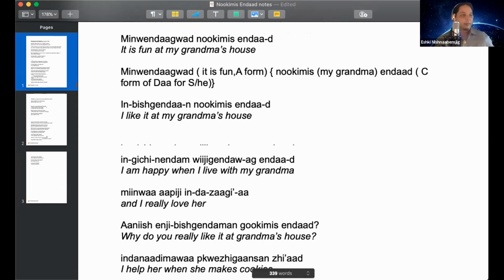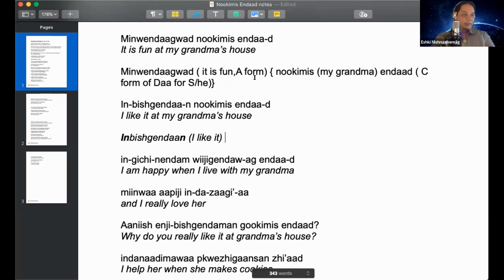All right. In Bishgandan, Nokomis, and Don. I like it. That's that in at the B, right? The in and the AN. It's more complicated than that, but for simple reasons, it's in and the AN at the back that give it the meaning that it has.